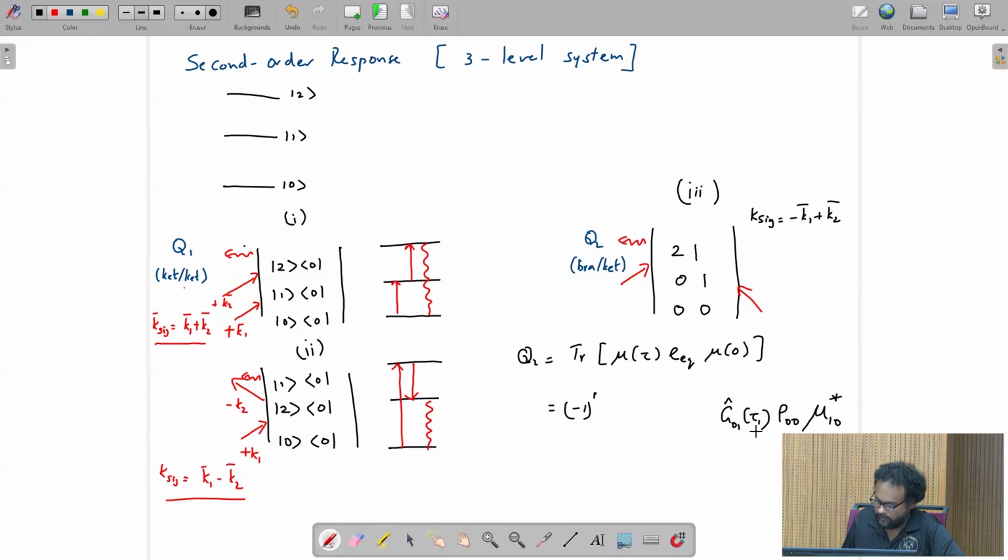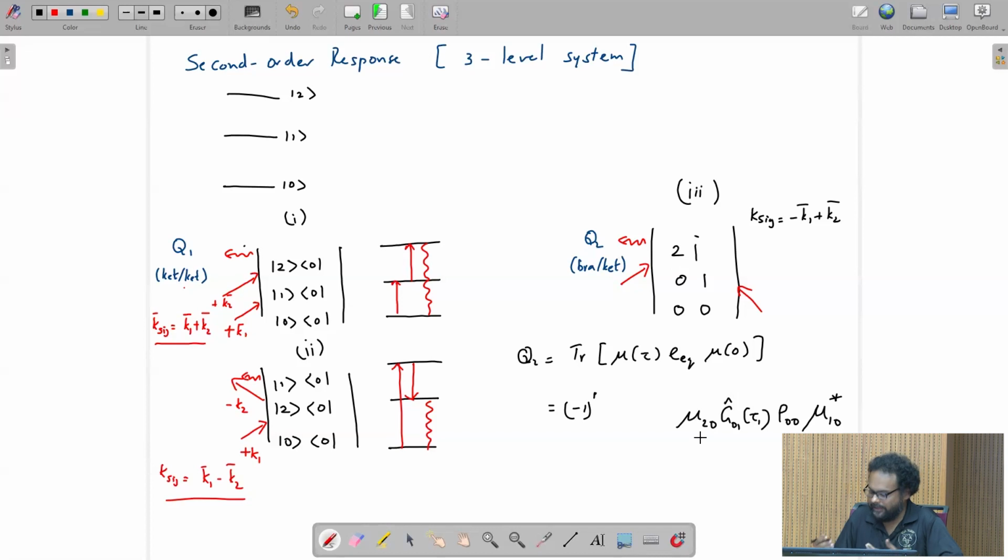Then I come with my second dipole, which is acting on the bra side, generating coherence between the ground and the second state, right? So it will be mu 2 0. And what I've created is 2-1 coherence with that dipole interaction.